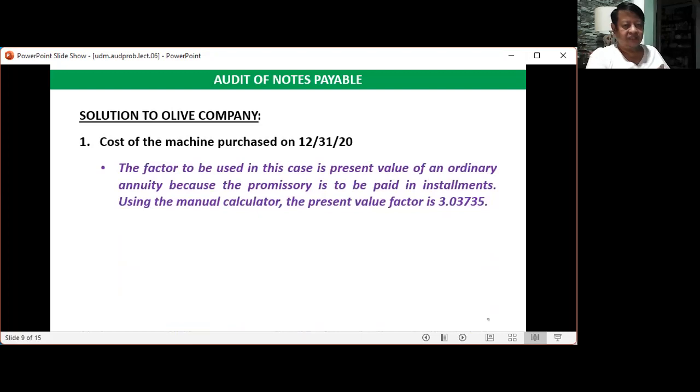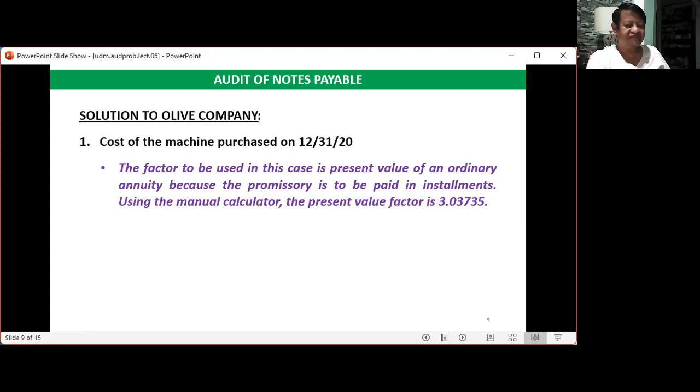The factor to be used in this case is the present value of an ordinary annuity, because the promissory note is to be paid in installments. So using the manual calculator, the present value factor is 3.03735. Always remember, if there is installment payment, to compute for the present value, you have to arrive at a present value factor of more than 1.